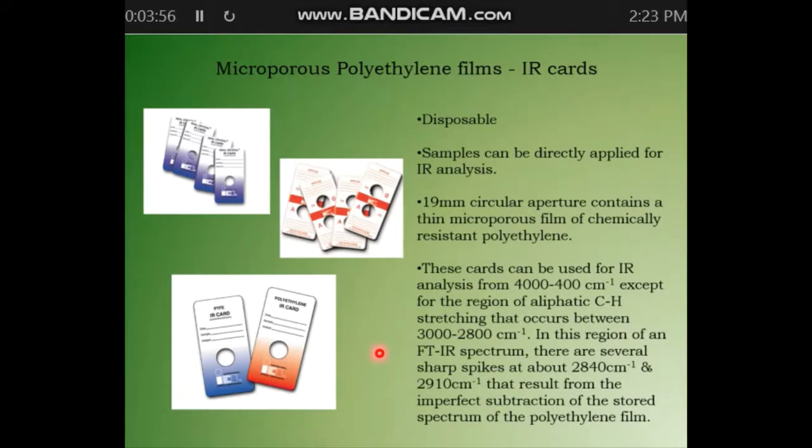These cards are good enough to do the IR analysis between 400 to 4000 centimeter inverse, but if you do not subtract the spectra of the polyethylene material, we might see extra peaks at 2800 and at 2840 centimeter inverse or 2910 centimeter inverse.